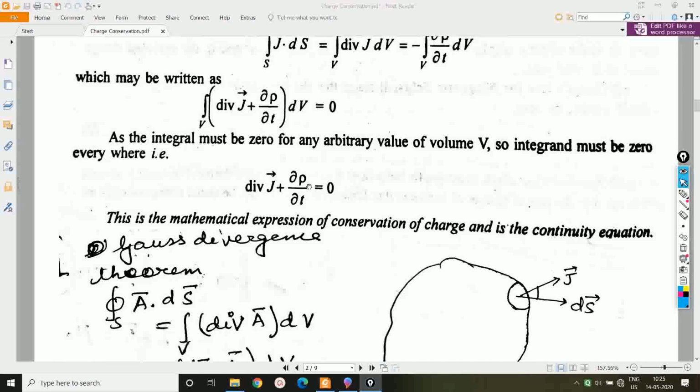So this is your equation of continuity, and if there is no volume charge, then the expression will go to del dot J equals 0, and if there is no divergence of J, then simply you will get del rho del t equals 0.